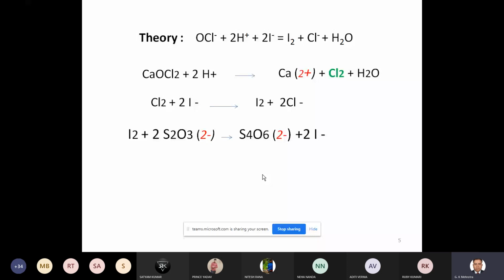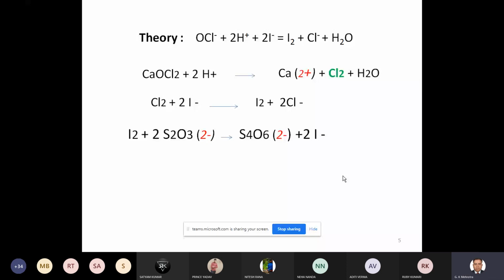This released iodine is titrated against sodium thiosulfate or hypo, and thiosulfate forms the S4O6 anion, and iodide is again free. So this is the complete sequence of reactions which are central in this titration. Details of this you are supposed to know.